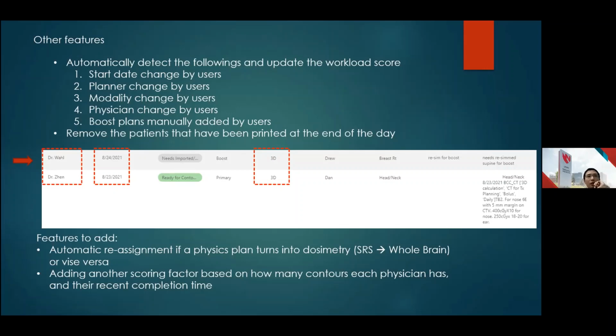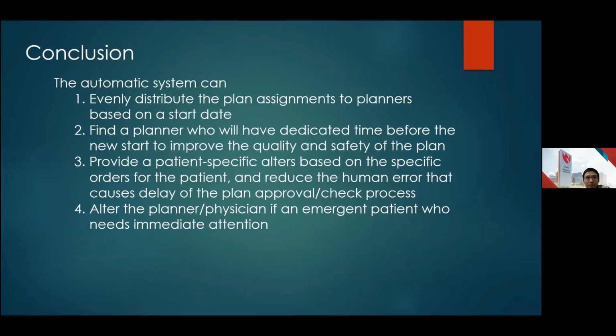And also, I'm going to talk about this a little bit later too, because I'm trying to incorporate how many contours the physician has not completed right now, and also, based on their recent completion time, apply another weighting factor in this scoring system.